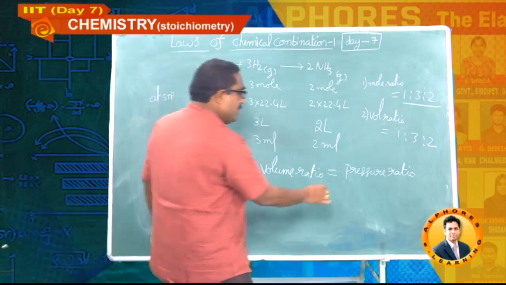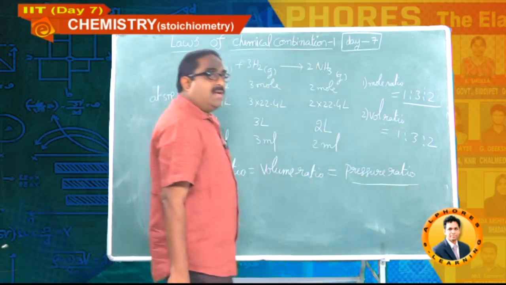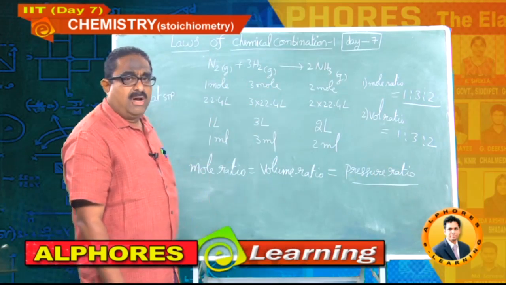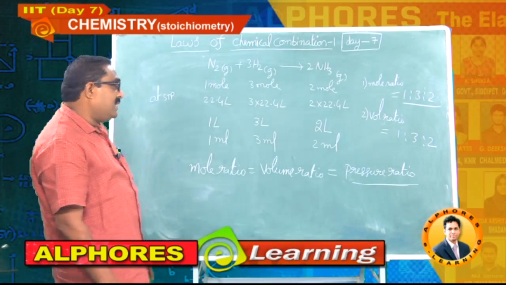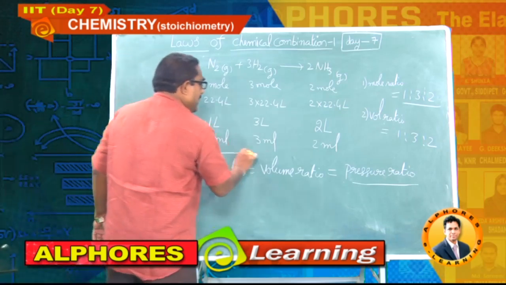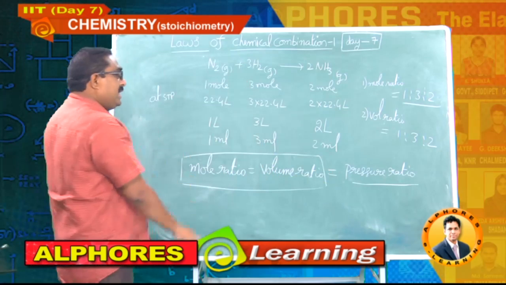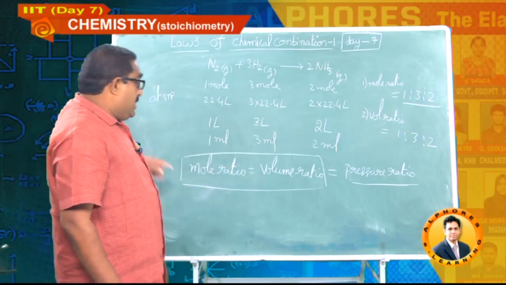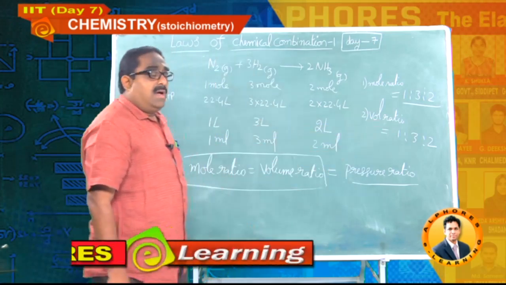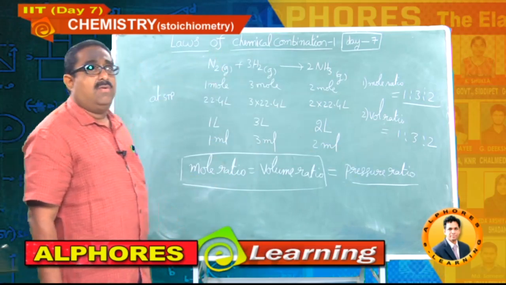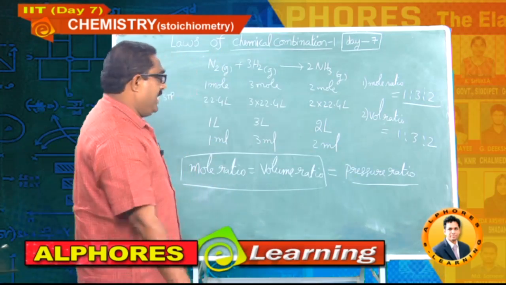This pressure ratio application we will get in another physical chemistry chapter, that is states of matter. As of now, in this chapter, we are going to apply this moles ratio is equal to volumes ratio. After completion of this chapter, if you go for the next one, the same sequence also obeys that pressure ratio, provided the reaction is carried out at constant temperature.